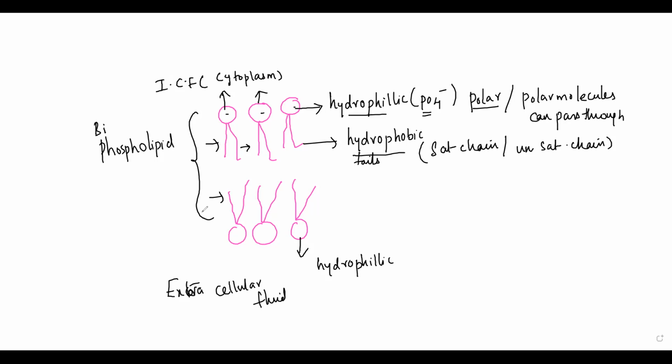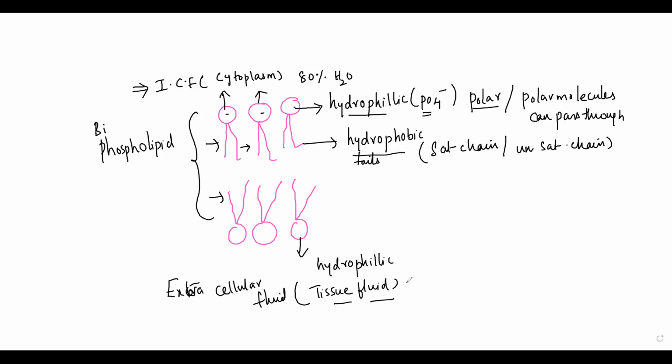The hydrophilic ends are towards the extracellular fluid, or tissue fluid, and the other end is towards the intracellular fluid, that is cytoplasm, which comprises 80% water. So they are facing towards the water.